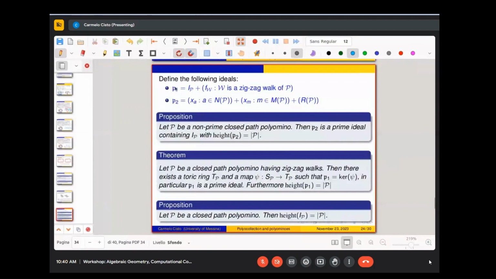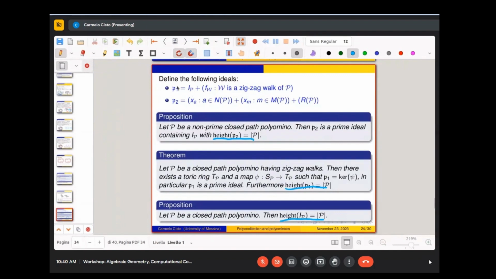Okay, we are able to prove that these two ideals, P1 and P2, are both prime ideals, and both have the same height as the polyomino ideal, that is equal to the number of cells of the closed path.